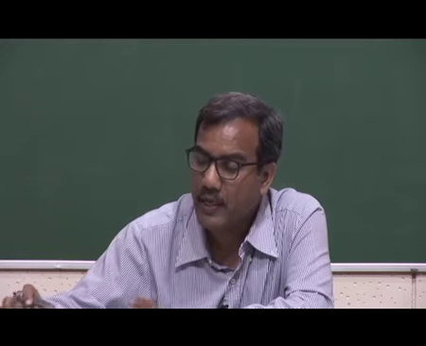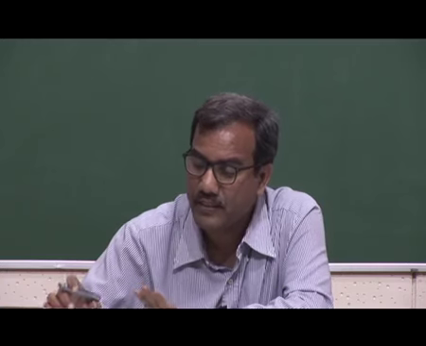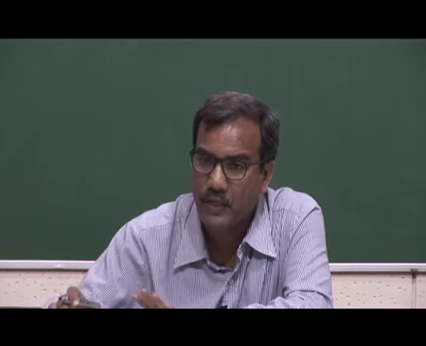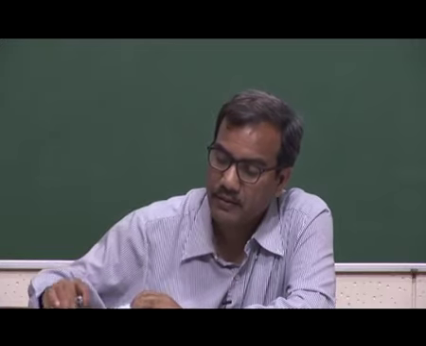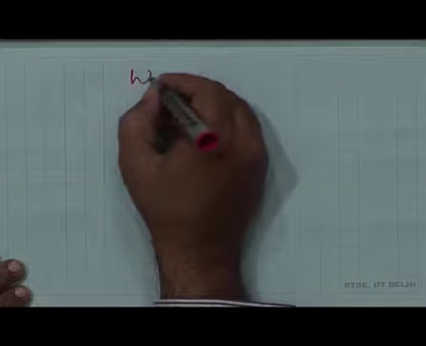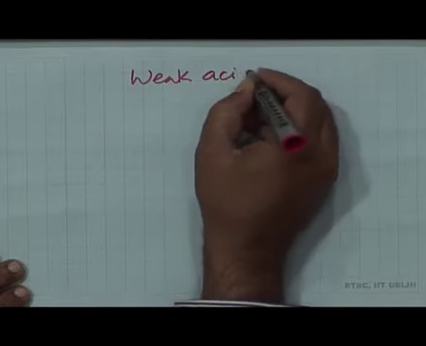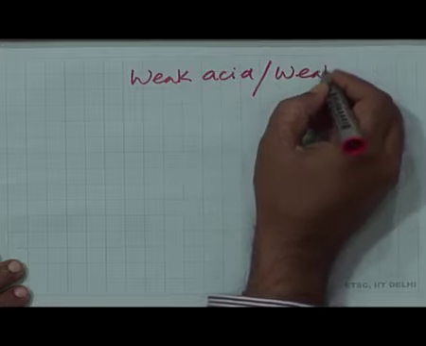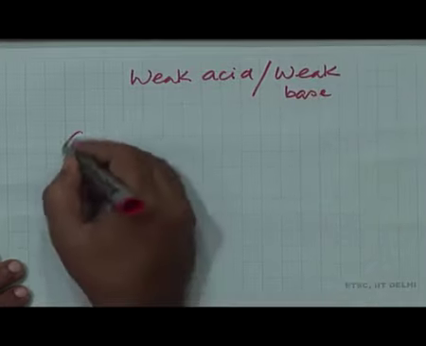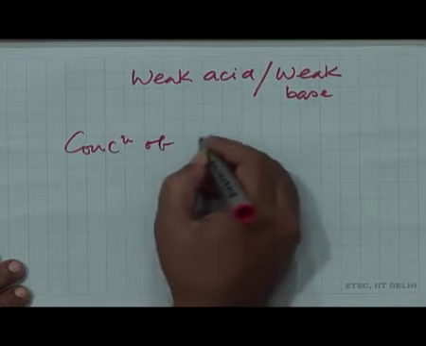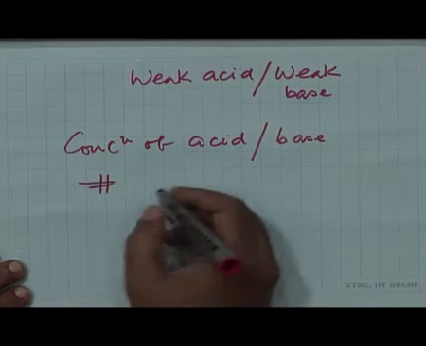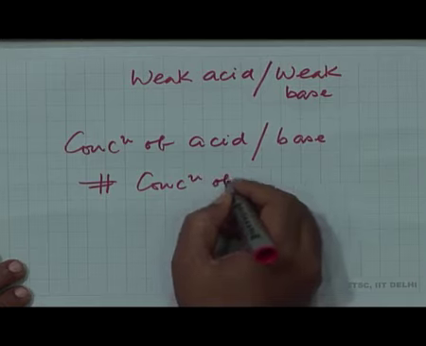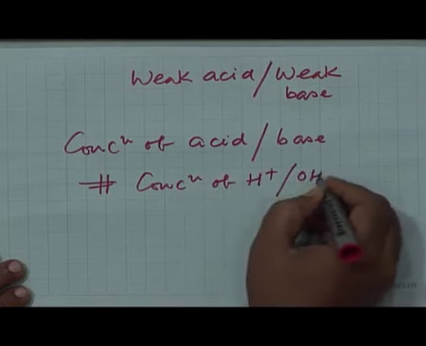So, it is simple that in case of weak acid, the concentration of the acid is not equal to concentration of H plus ion. So, weak acid or weak base, concentration of acid or base is not equal to concentration of H plus ion or OH minus ion.